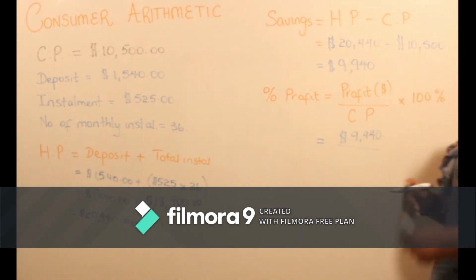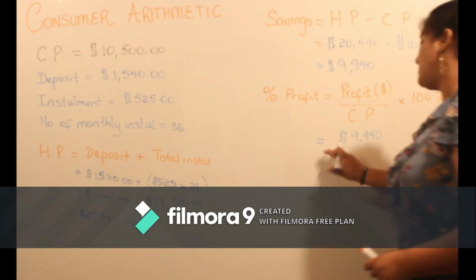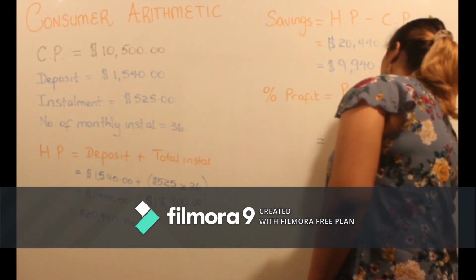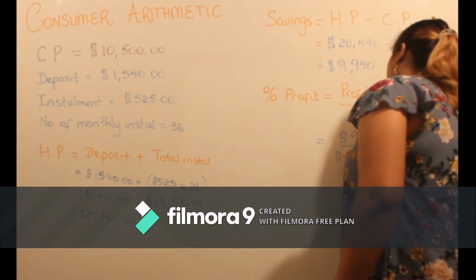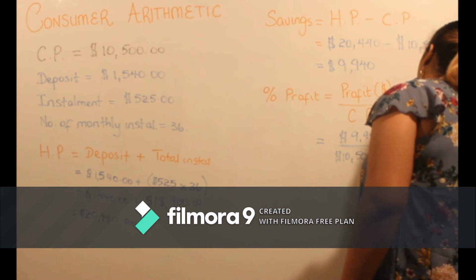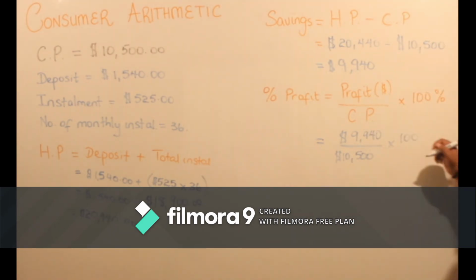What would have been savings for somebody is actually the profit that the company is making. So 9,940 over our cash price of 10,500, multiplied by 100%.